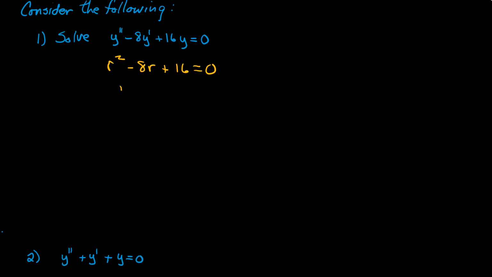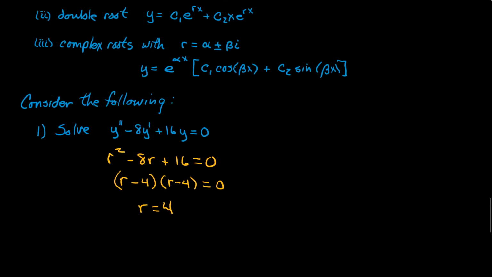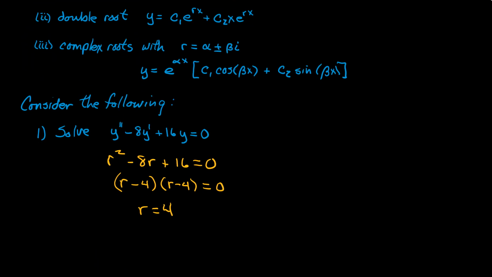This factors into an r minus 4 times an r minus 4. This gives us a double root of r equals 4. As soon as you see you have a double root, you're close to done. All you need to do is use the formula that's provided at the top of the screen.